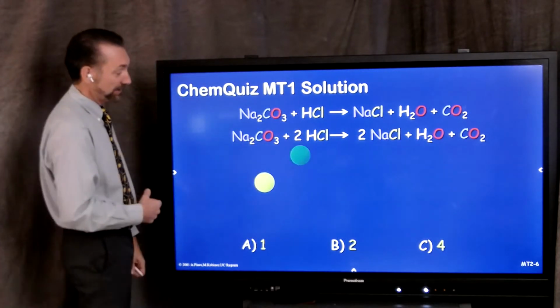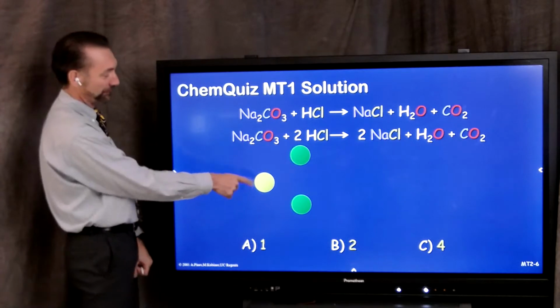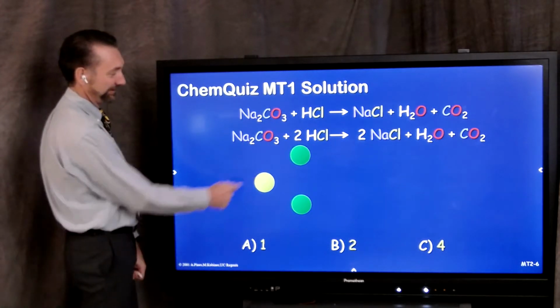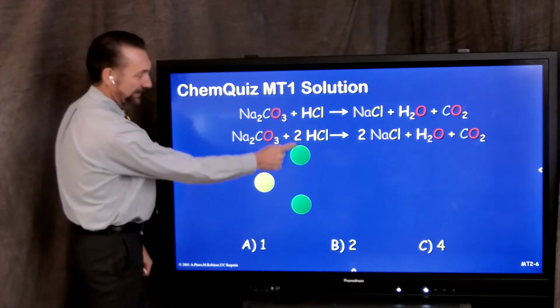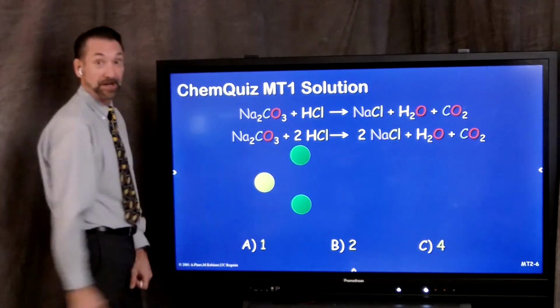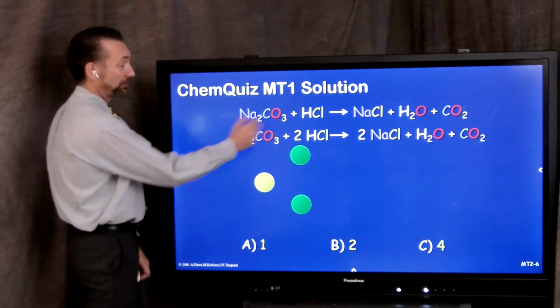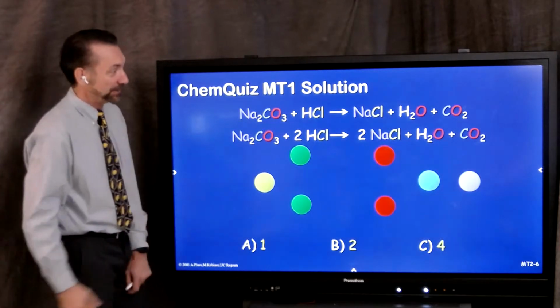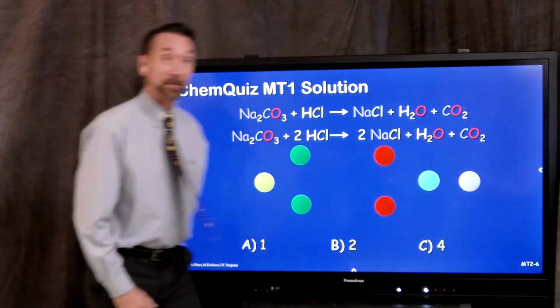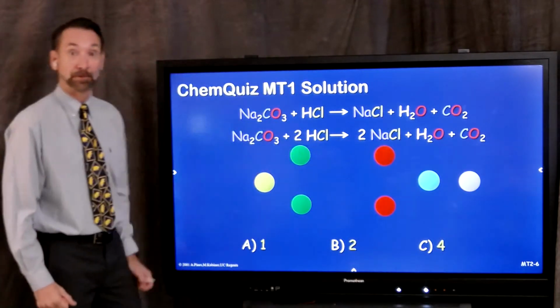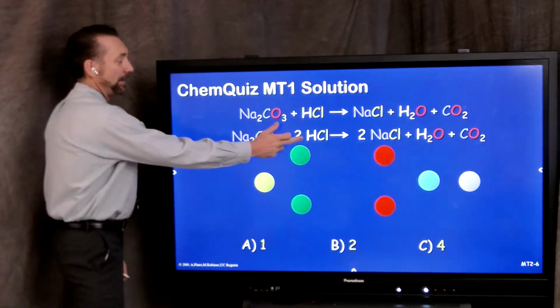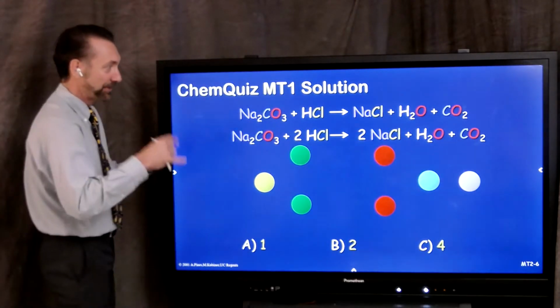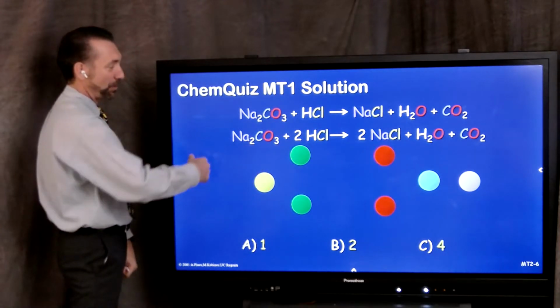So you could look at it like this. Here is your first mole of sodium carbonate. It requires both the moles of hydrochloric acid that were there, and it would form the mole of carbon dioxide and 2 moles of sodium chloride. And the balls here now are moles. They're not atoms. Each represents a mole.